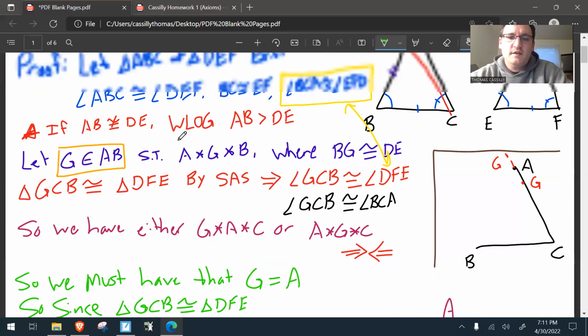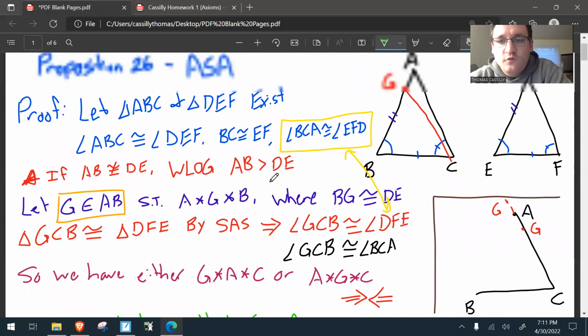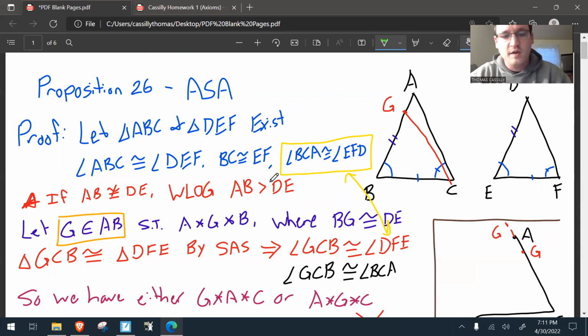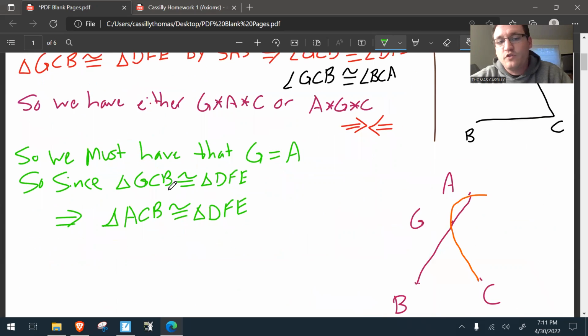So what we did is we showed that the new triangles were congruent by the side angle side theorem, but the given information used angle side angle. So we showed that the angle side angle criteria holds, and that is a legitimate way to show that two triangles are congruent.